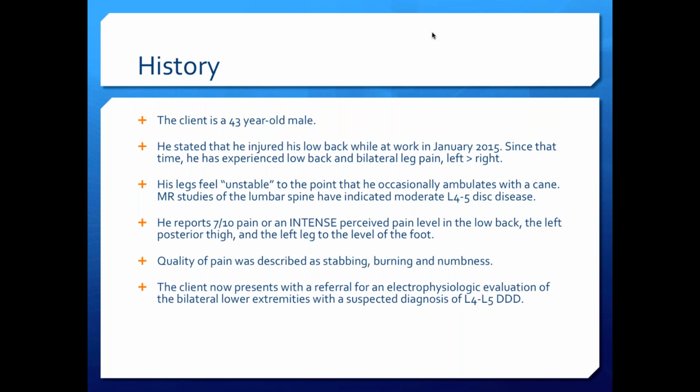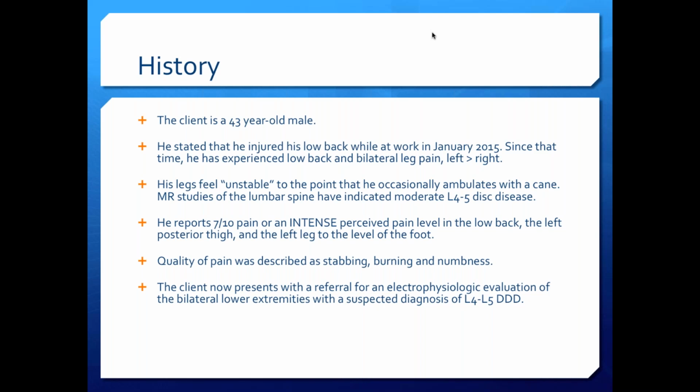Since the injured back, it was a couple of years ago, but the pain that he experienced was gradually increasing to the low back and bilateral legs, with worse involvement on the left. He described unstable, so weakness, with ambulation and kind of foot drag, not necessarily foot slap like in the case of complete paralysis of the muscle, but he felt unsteady on his feet, like he was losing his balance. So he started walking with a cane.